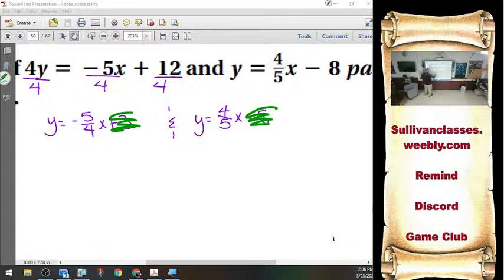I want to specifically compare negative 5/4 and 4/5. They flipped it, and they changed the sign. Parallel, perpendicular, or neither? Perpendicular.